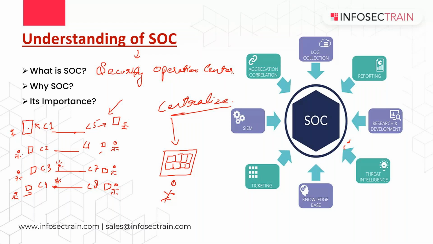Now, suppose the logs from your router, firewall, database, web applications, so different log sources, are all being sent to this one centralized place. From there, all of those things are monitored, and they can be related with each other.